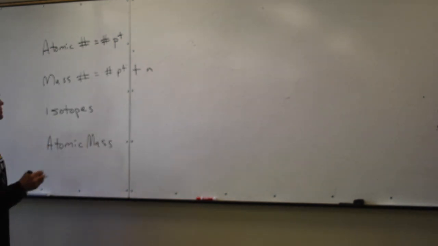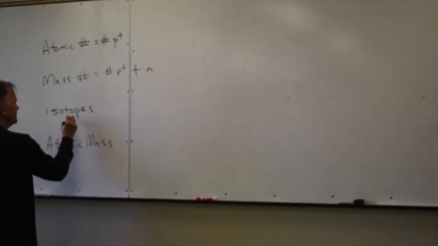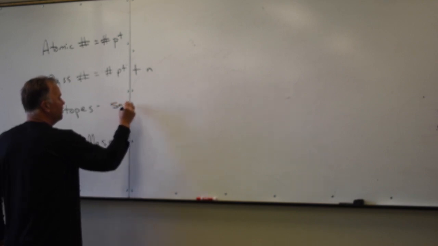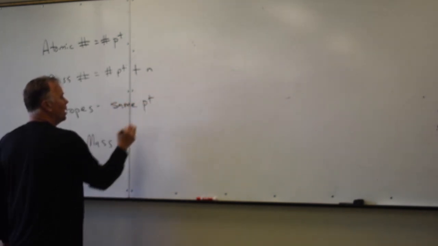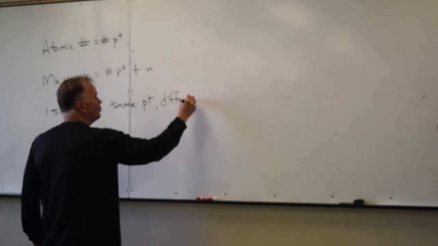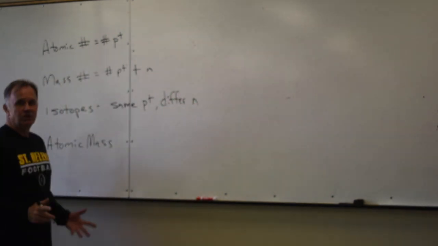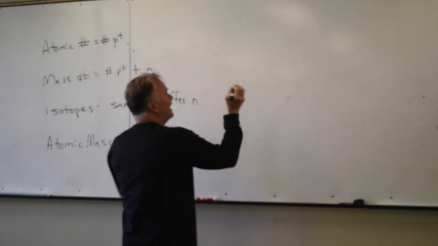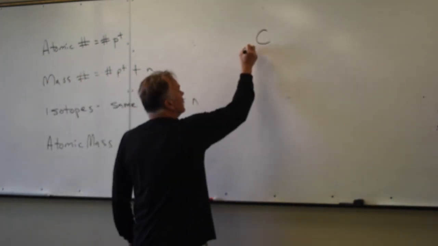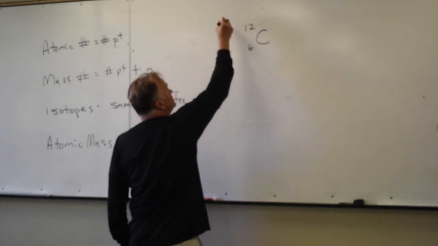Isotopes: same number of protons, different number of neutrons. So here's how it works. You take an atom like carbon. This is how they write it many times.